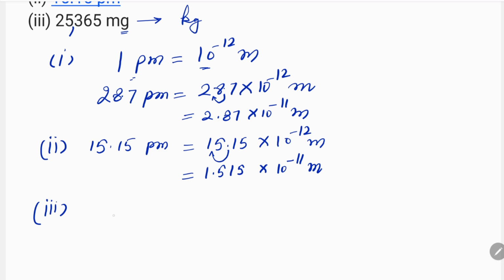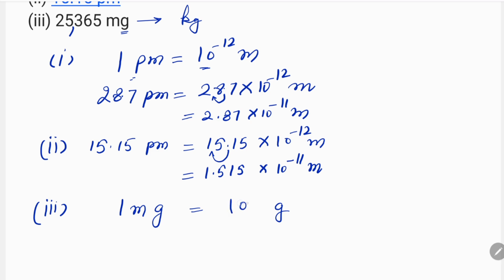So first of all, we should establish a relationship between milligram and kilogram, but there is no direct relationship. Okay, sometimes you forget about it. So what we have to do, we have to convert it into grams. Okay, first we are converting 1 milligram into grams.